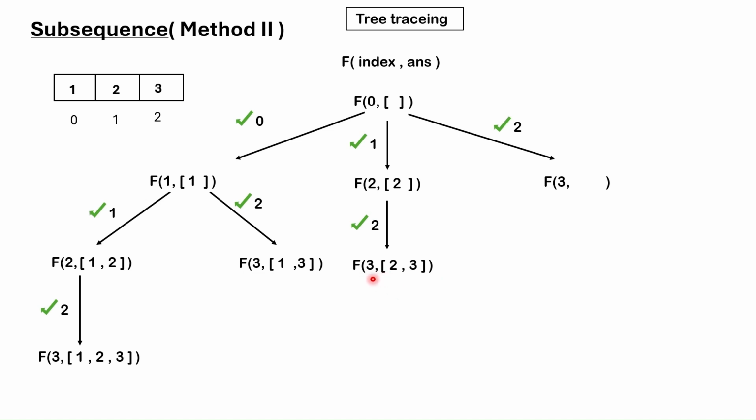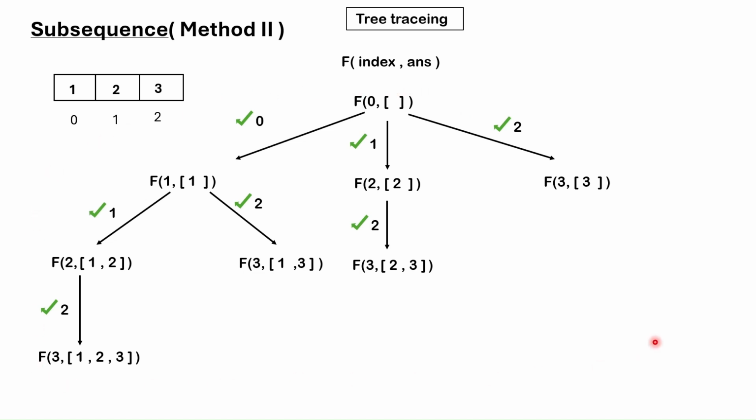Now at the third index we cannot move further, so we return and look for this choice. For this choice, we have picked the second index, so we will get 3. Now again we are at the third index, so we will return and our program ends.